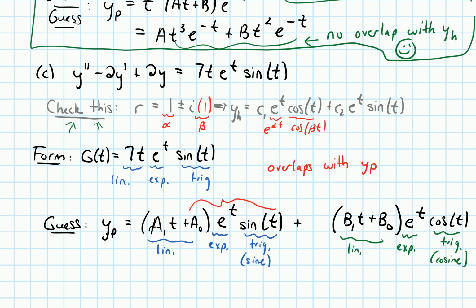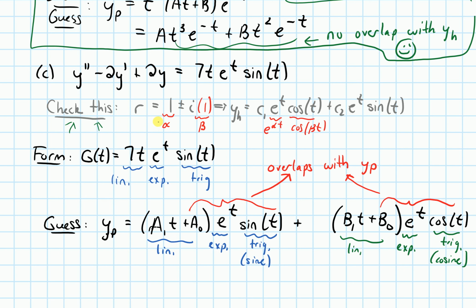But there's a little bit more overlap. In the homogeneous solution, we also have e to the t times cosine of t. But I see that in my guess over here, if we were to distribute b0 into this, that's also contributing this overlap. So on a conceptual level, the reason why that's happening is because our root, 1 plus or minus times i, it appears in the form of what g of t is.